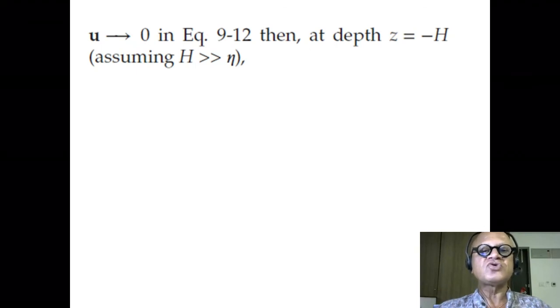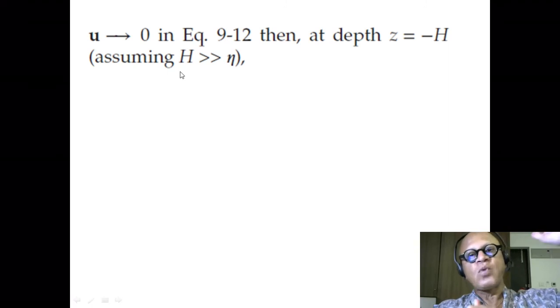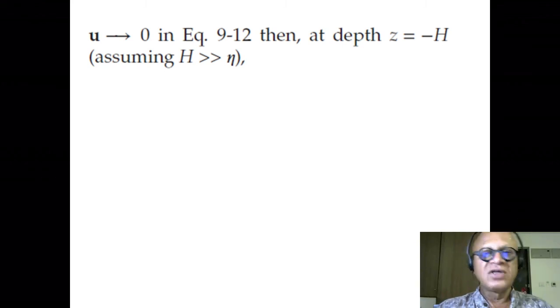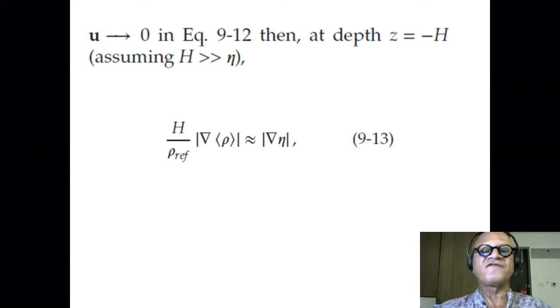U goes to 0 at depth in equation 9.12, at depth z equals minus h, if the water column depth is much larger than the sea level, which is almost always true because sea levels vary at most by a couple of meters, whereas the depth is always several kilometers of the ocean.